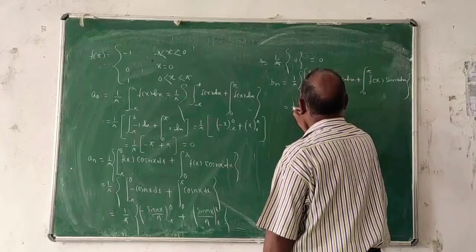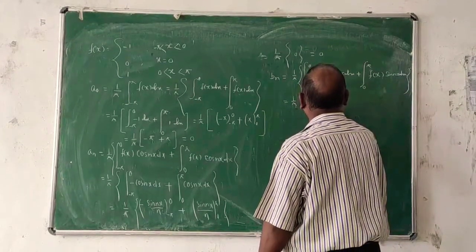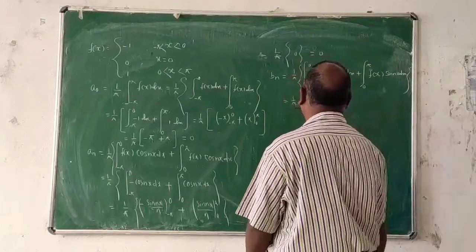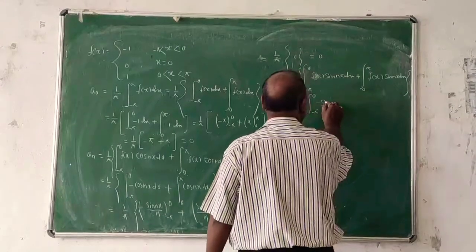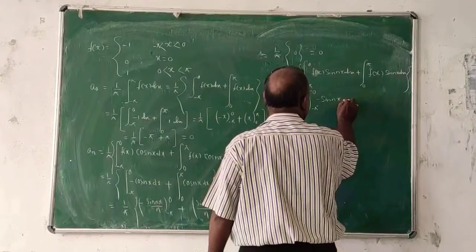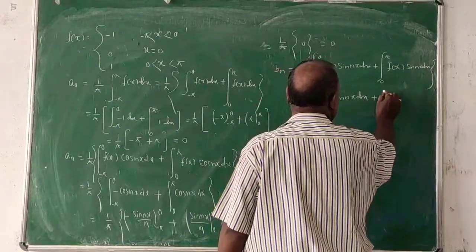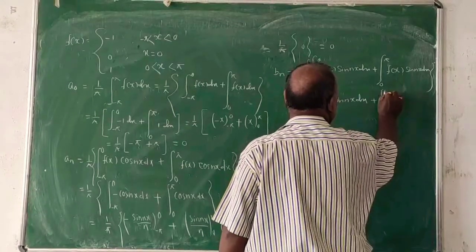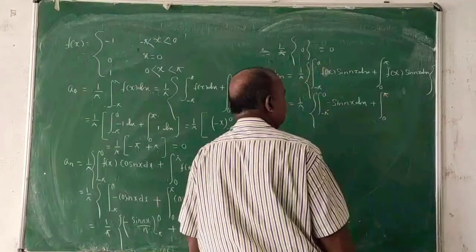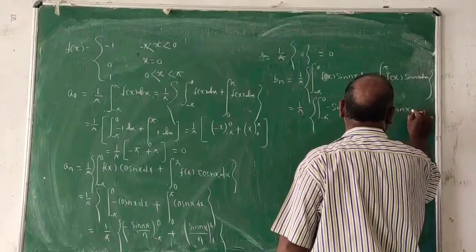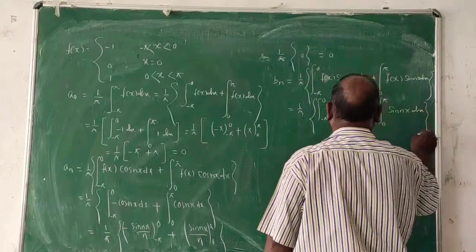This is 1 by pi. From minus pi to 0, the value of f of x is minus 1, so minus sine nx dx, plus the integration from 0 to pi of sine of nx dx.